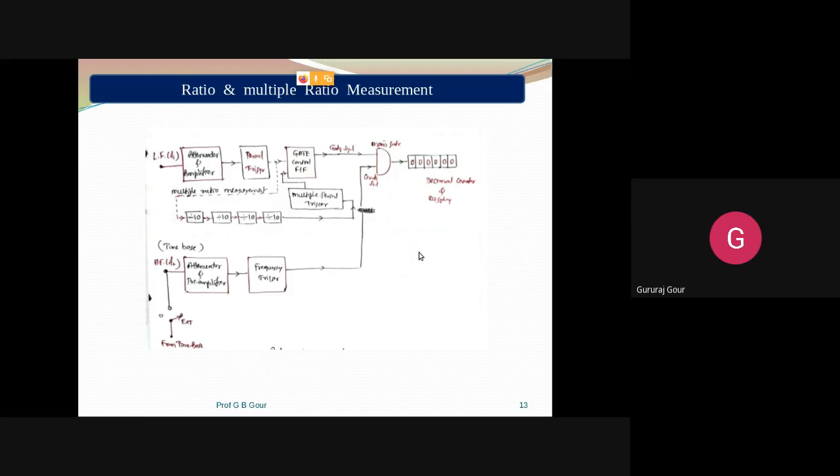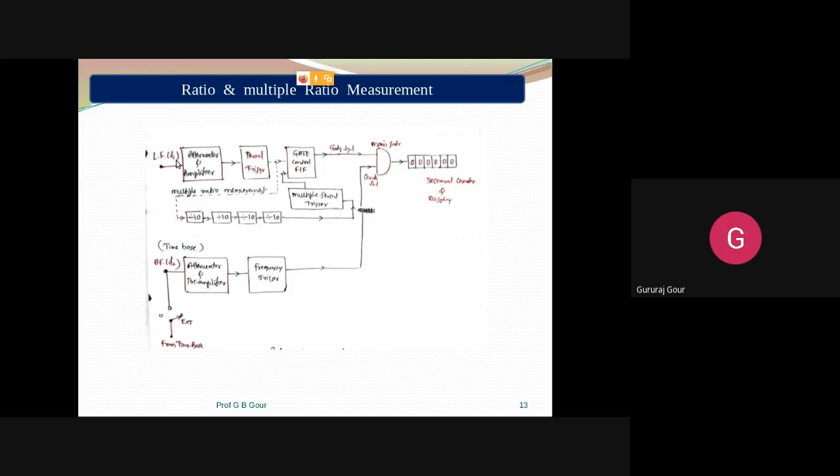This is the diagram I have just shown. Here the main switch is there. From the time based selector you select the high frequency signal. It is passed through the attenuator and preamplifier. Then the frequency trigger is applied, and the high frequency signal acts like a counting signal.